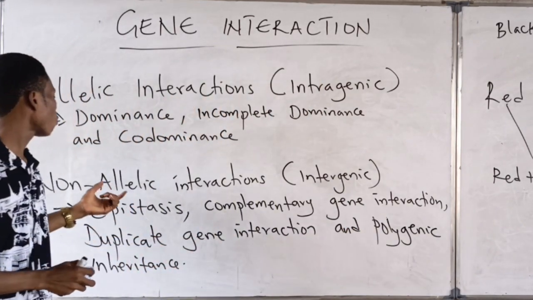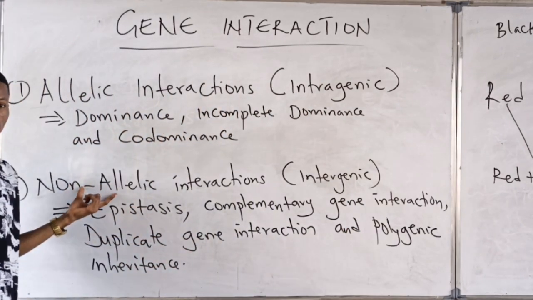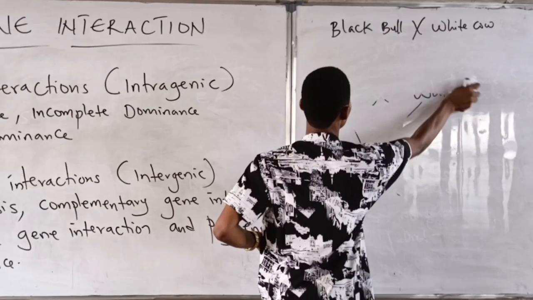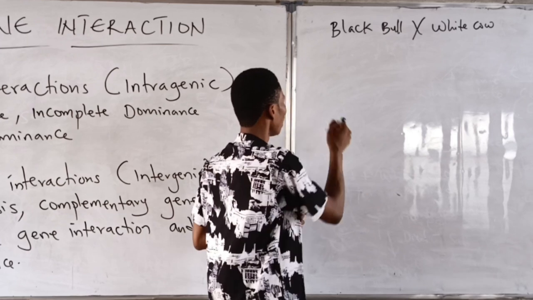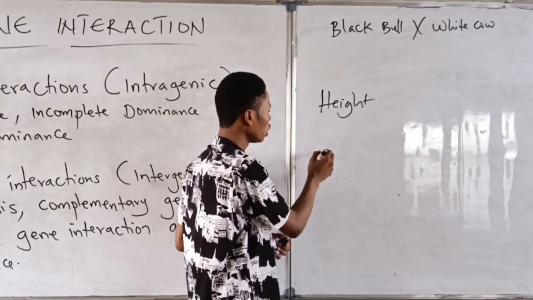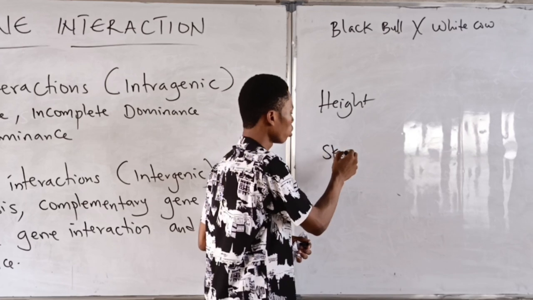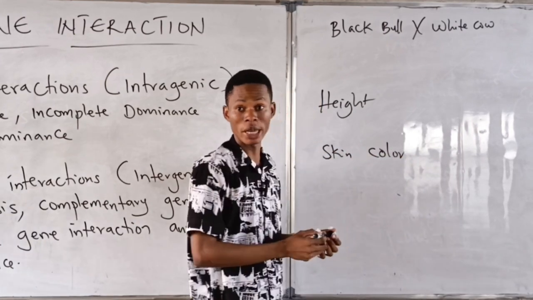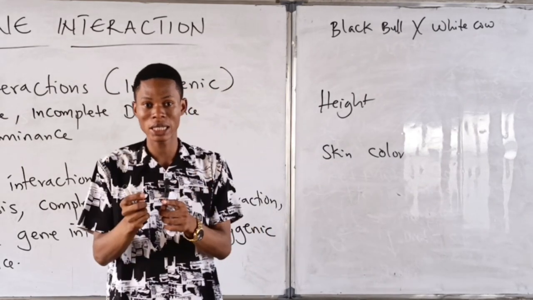Let's say the gene that goes for height and the gene that goes for skin color, are they always together? No. They are not together, right?